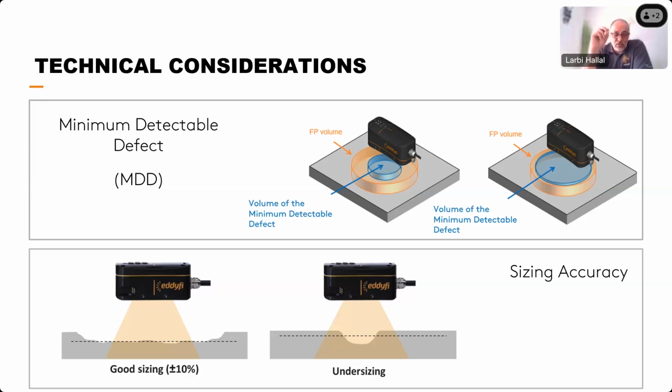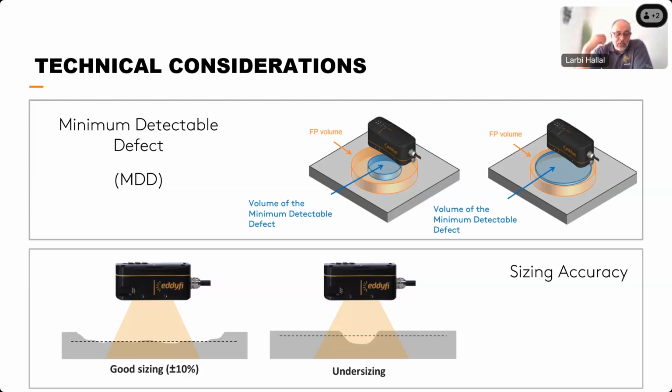Why is that important to consider? Is that when we talk about accuracy, sizing accuracy, let's say that a defect that will be larger than the footprint will be sized correctly. When a defect will be smaller than the footprint, because we are measuring a volume loss and an averaging value, we will be undersizing.